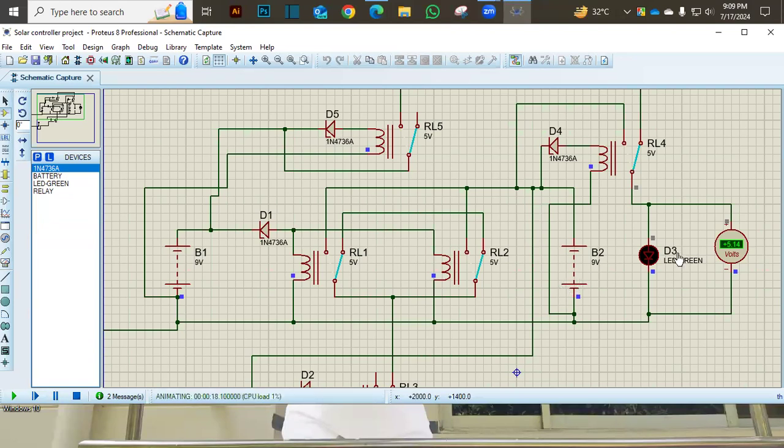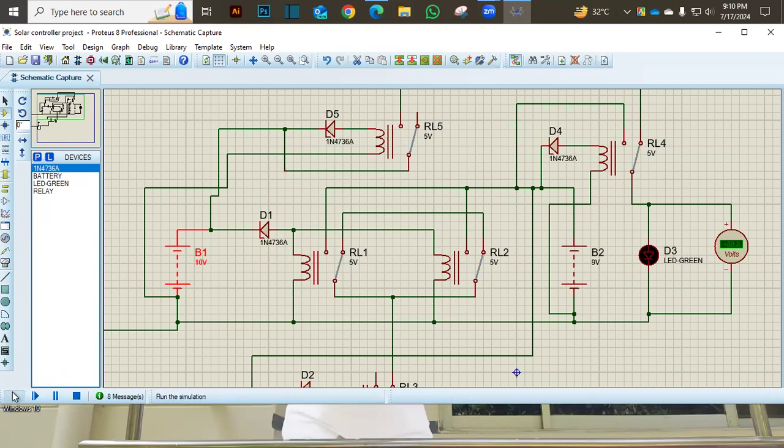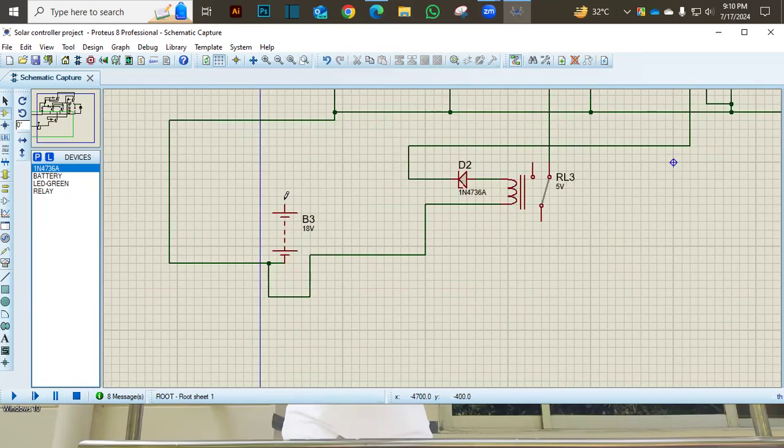So this prevents our load from the low voltage saturation problem. If any battery is over 9 volts, I think this is a 10 volt battery, and of course the LED will be running, our load will be operated. So this is the prevention from overload, over voltage and under voltage situations on a solar system.